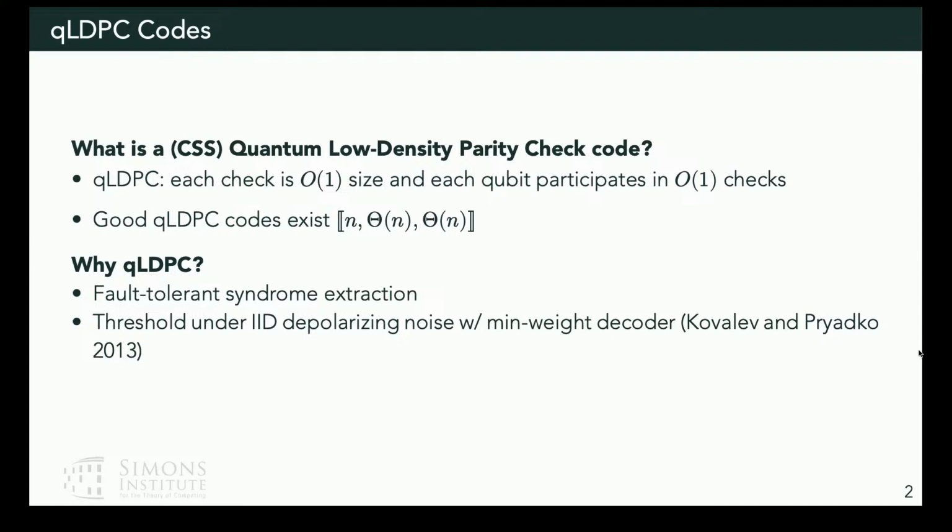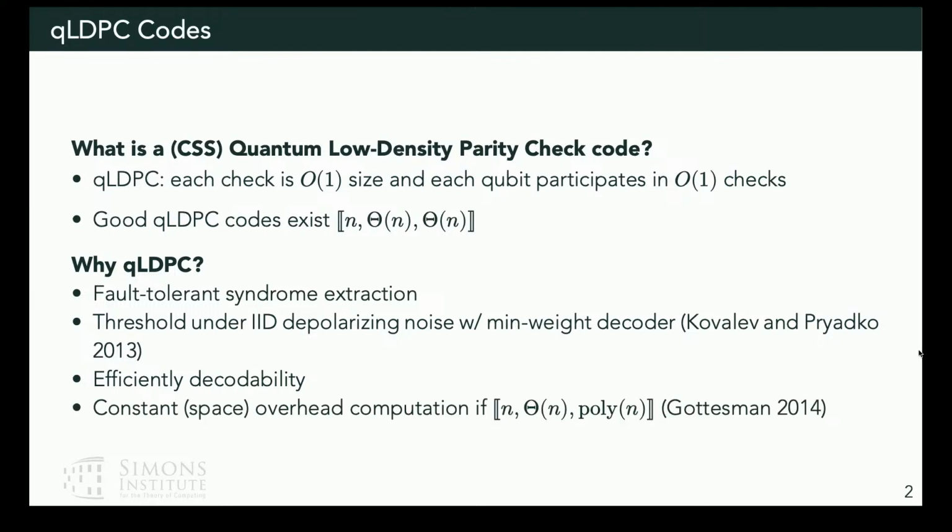And today, the theme is going to be mostly syndrome extraction. What we know is that under depolarizing noise, with a min-weight decoder, there's this result from Kovalev and Pryadko that tells us that any LDPC code with polynomial distance has a threshold. And furthermore, usually our QLDPC code constructions come equipped with an efficient decoder. That's usually quite nice.